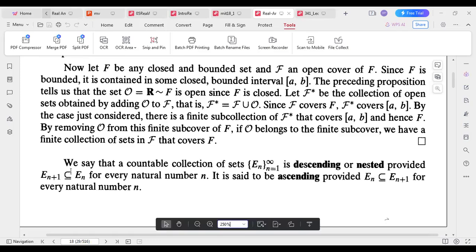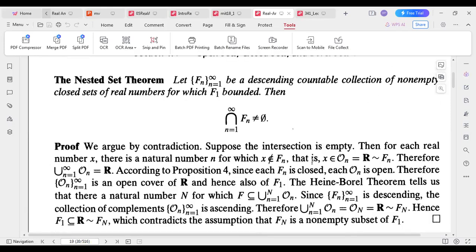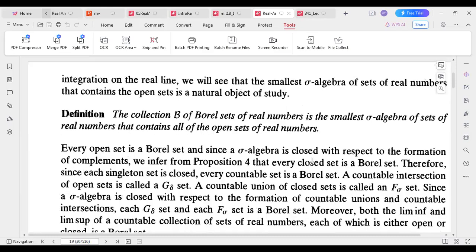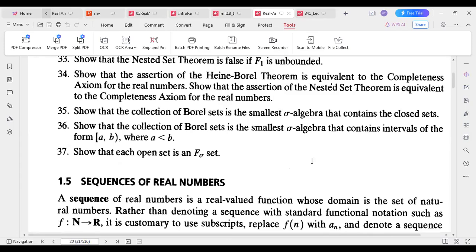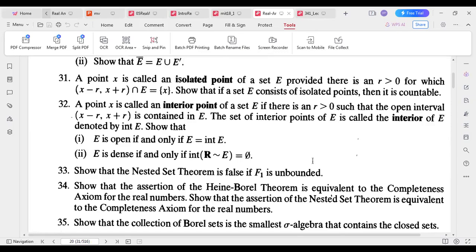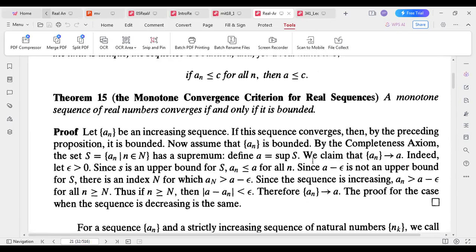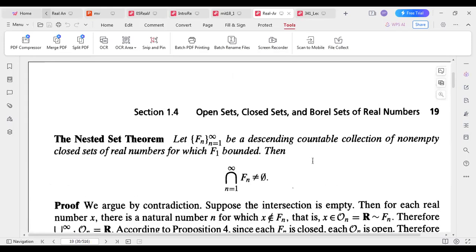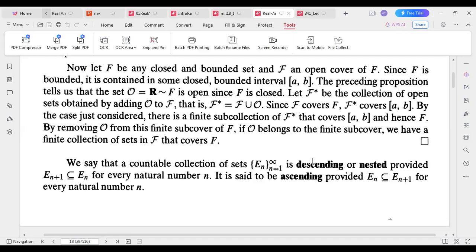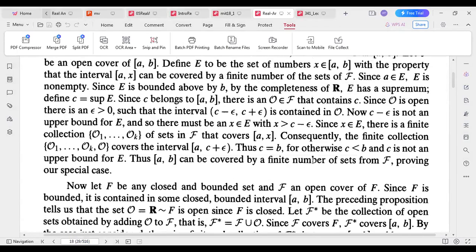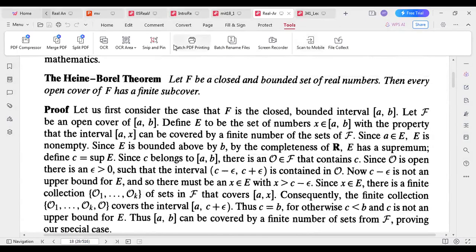So this will be descending, and ascending will be this. So this is the complete proof, another proof of the Heine-Borel theorem.